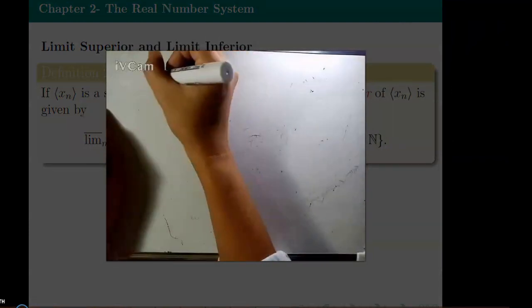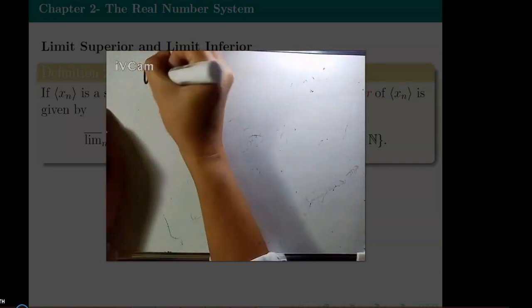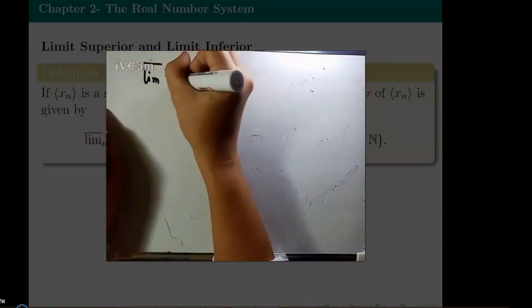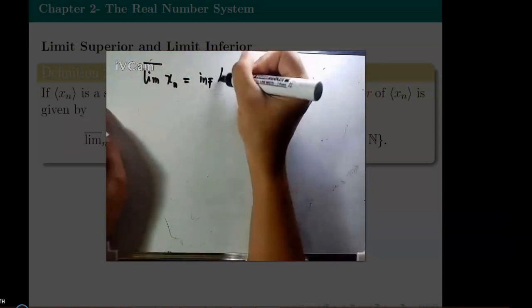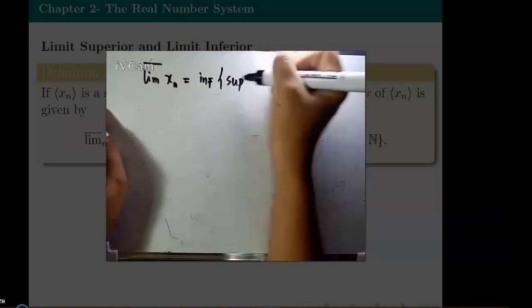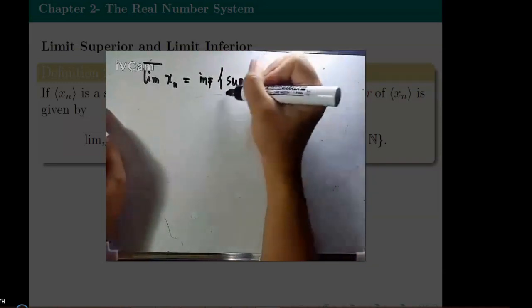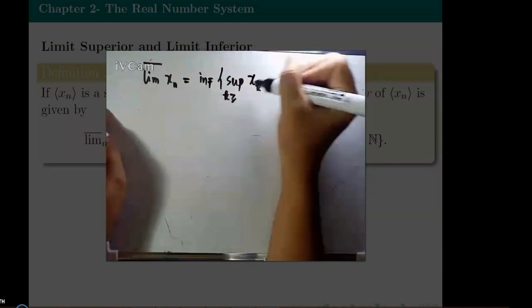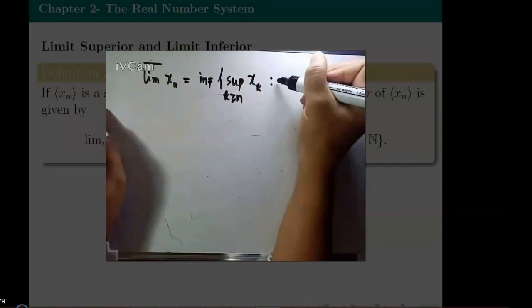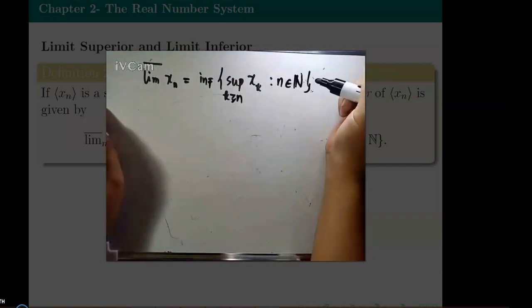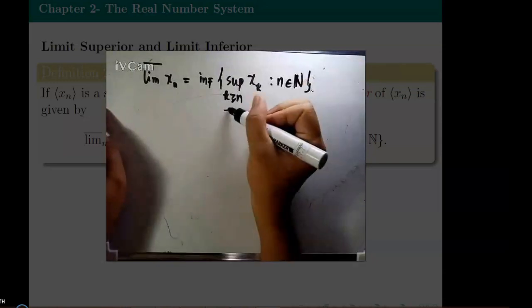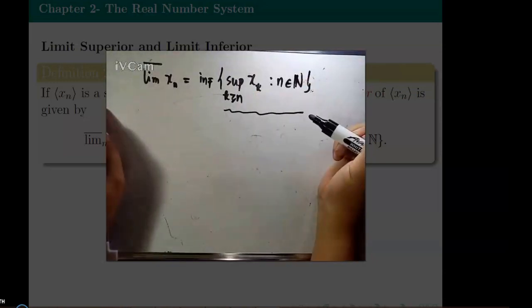So we have lim sup of x sub n is equal to the infimum of the supremum of x sub k, where k is greater than or equal to n, such that n is a natural number. Now let's have this first, the supremum.